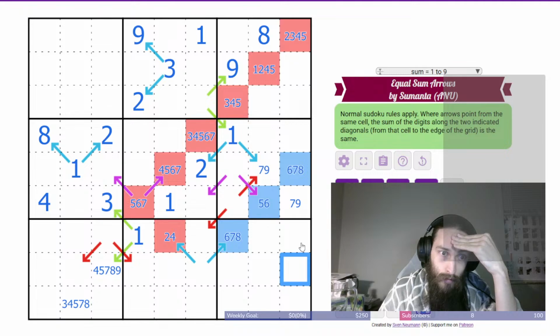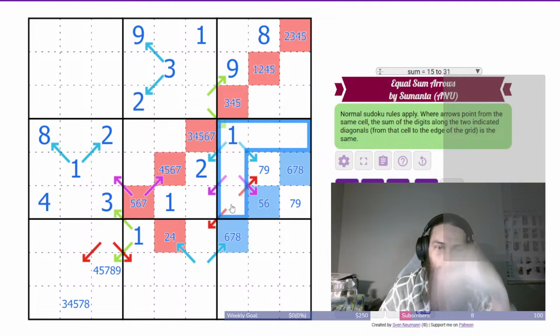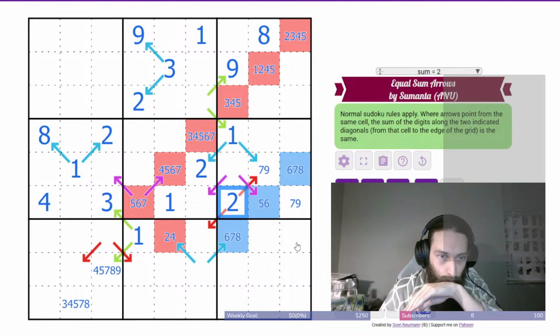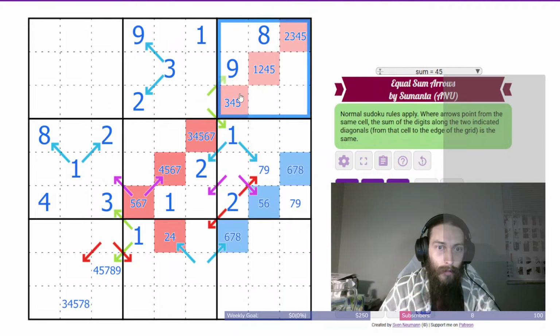Well, we can place a 2 in box 6. Along top, not there. There's 2. Can we do the same in box 3? Not quite. It has to be one of those.